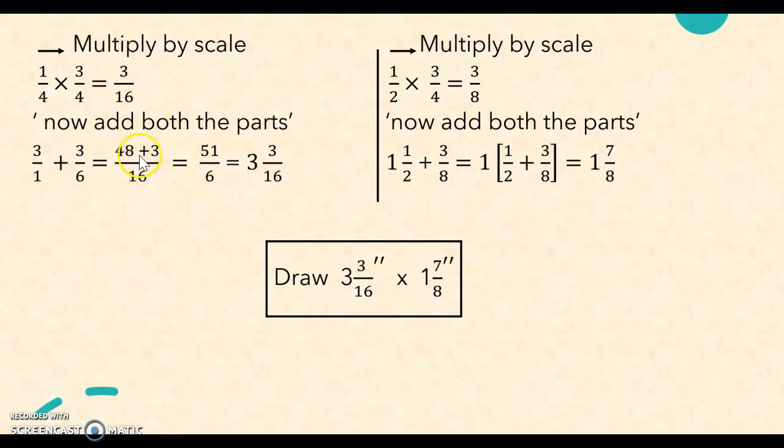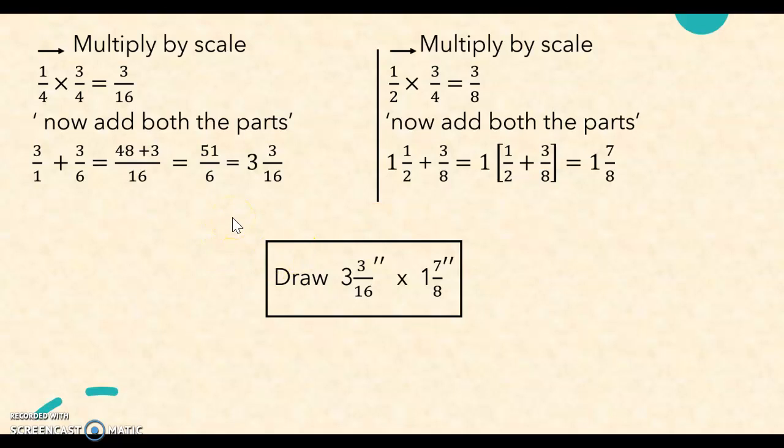We get this by taking the LCM of the given fractions, which is an addition. As we follow the step, we get 51 by 16, which we have converted into a mixed fraction, that is 3 and 3 by 16. On the other hand, we'll be adding 1 by 2 and 3 by 8. By solving this, we get 7 by 8.